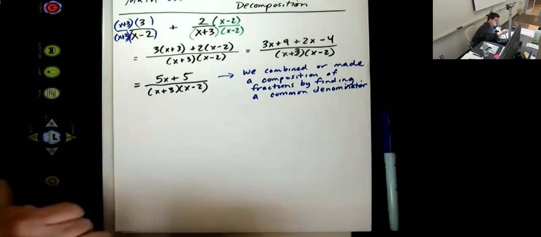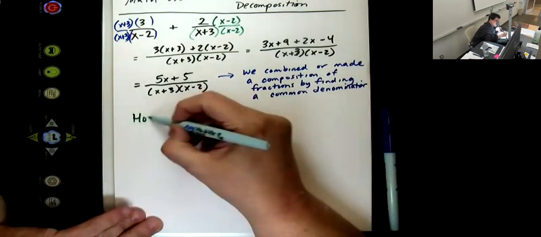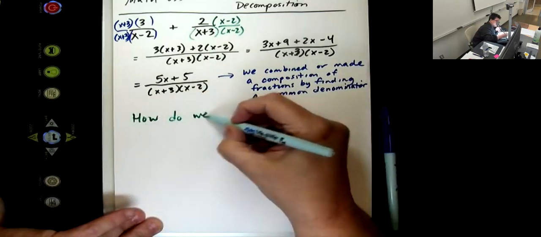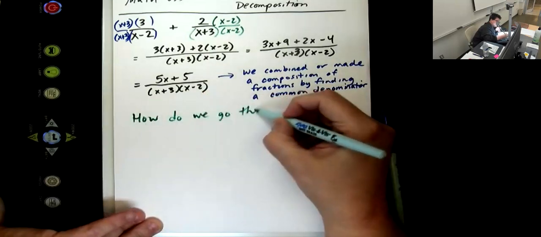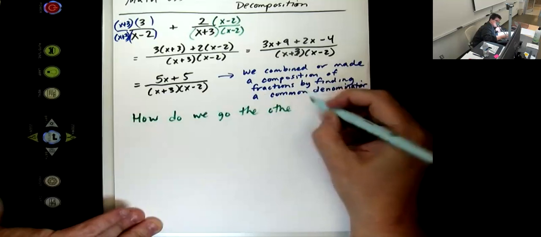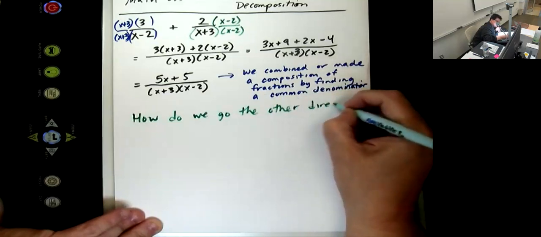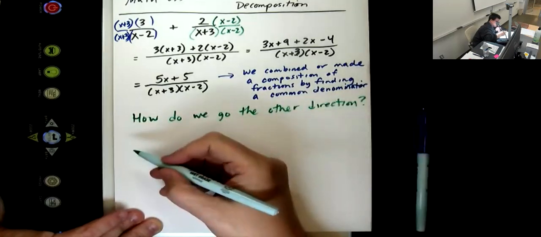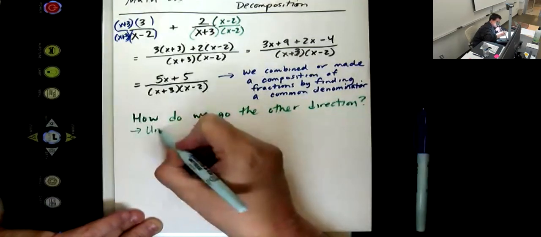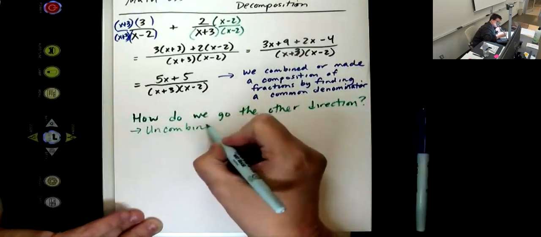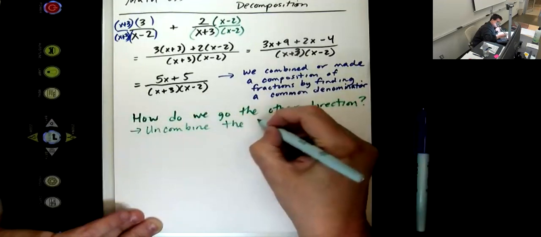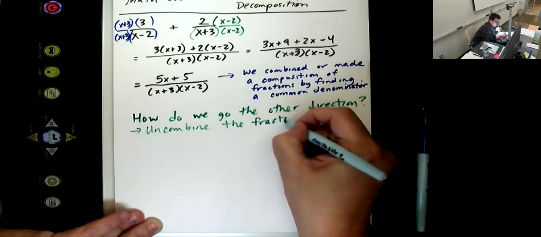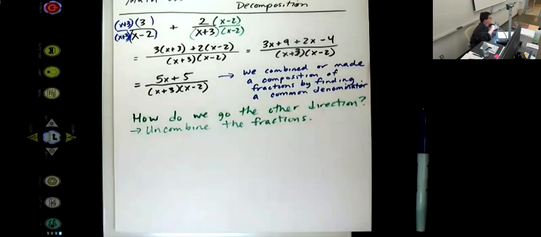How do we go the other direction, or uncombine the fractions?